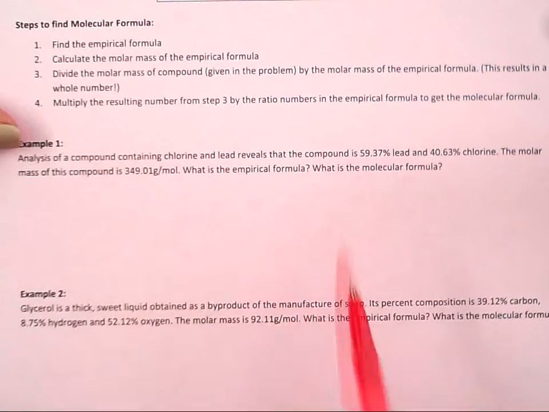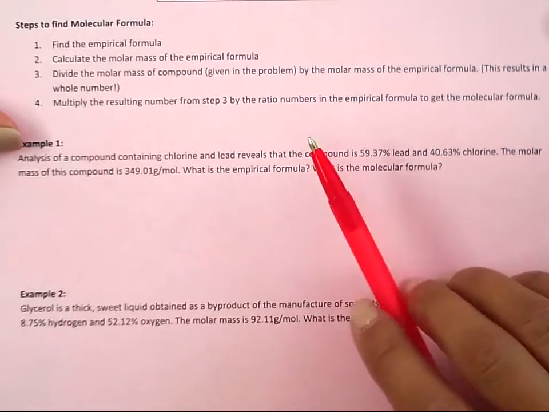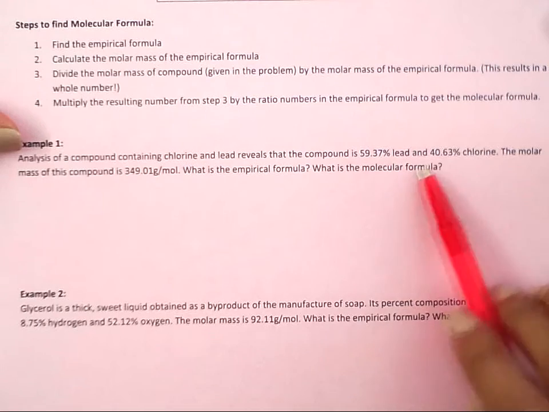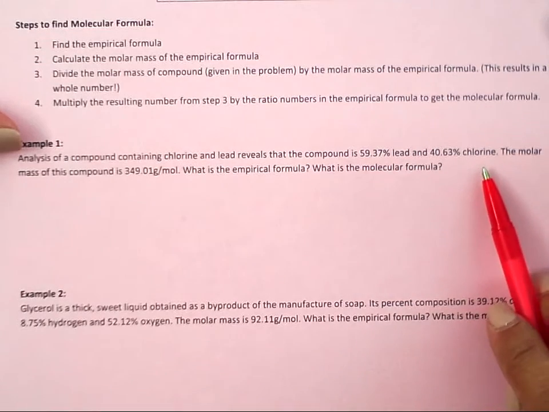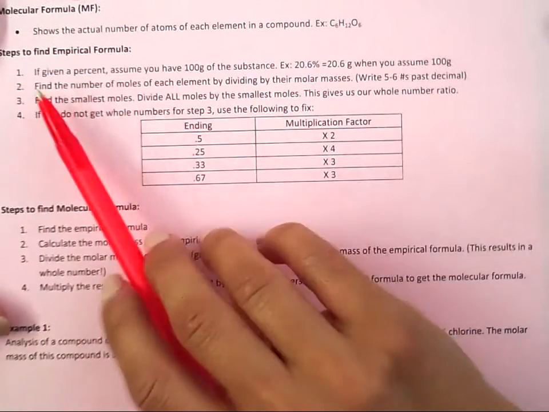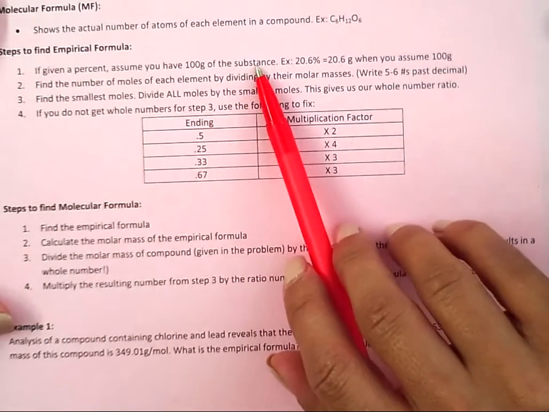It says, analysis of a compound containing chlorine and lead reveals that the compound is 59.37% lead and 40.63% chlorine. Looking at the directions, it says for step 1, if given a percent, assume you have 100 grams of the substance.